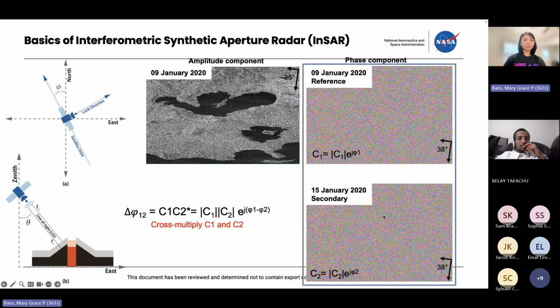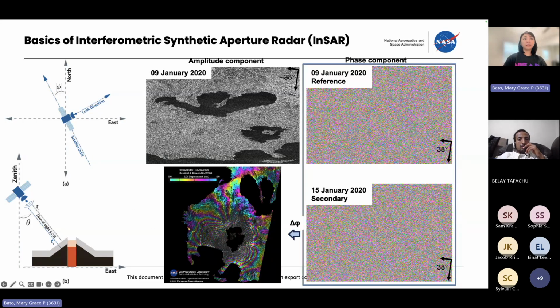Basically, in mathematical terms, when you get the differential phase, you just cross multiply these two phase components. You will obtain something like this. So you'll be able to get the displacement of the ground as a result of the January 12 eruption over Taal. You can see it's a really big eruption.